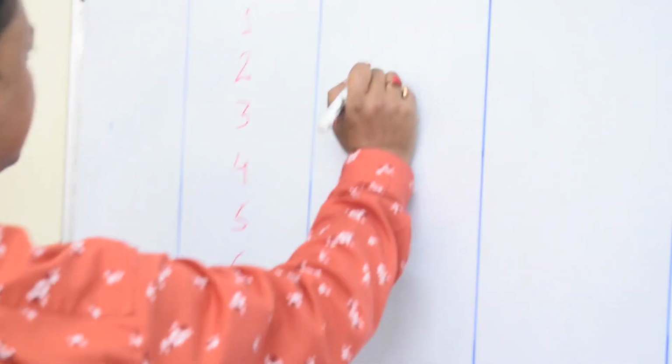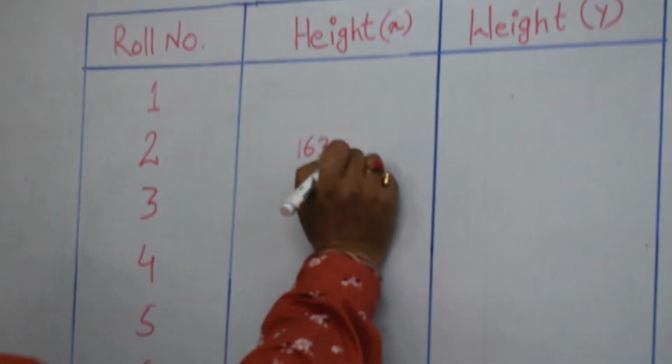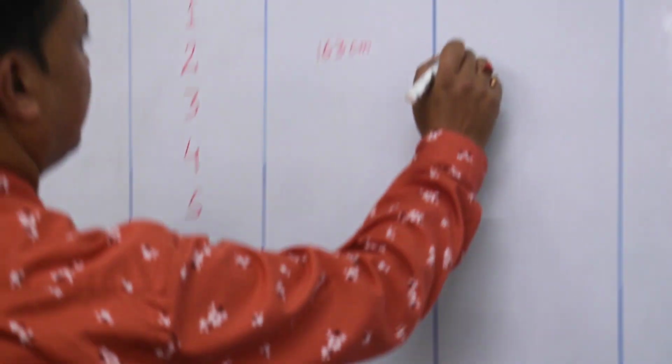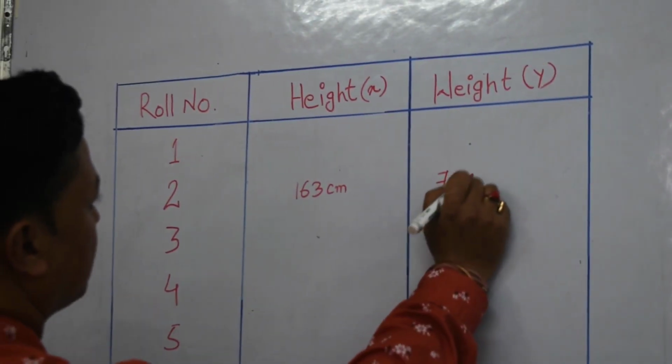She is the second roll number, and her height is 163 centimeters. And her weight is 76 kilograms.